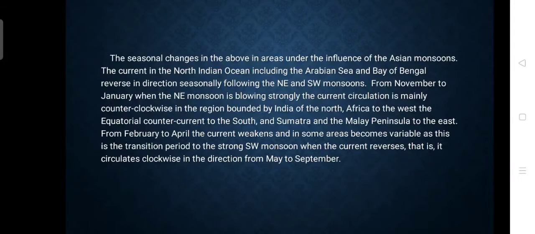From November to January, when the northeast monsoon is blowing strongly, the current circulation is mainly counterclockwise in the region bounded by India on the north, Africa to the west, the equatorial countercurrent to the south, and Sumatra and the Malay Peninsula to the east. From February to April, the current weakens in some areas and becomes variable as this is the transition period to the strong southwest monsoon. When the current reverses, that is, it circulates clockwise in the direction from May to September.